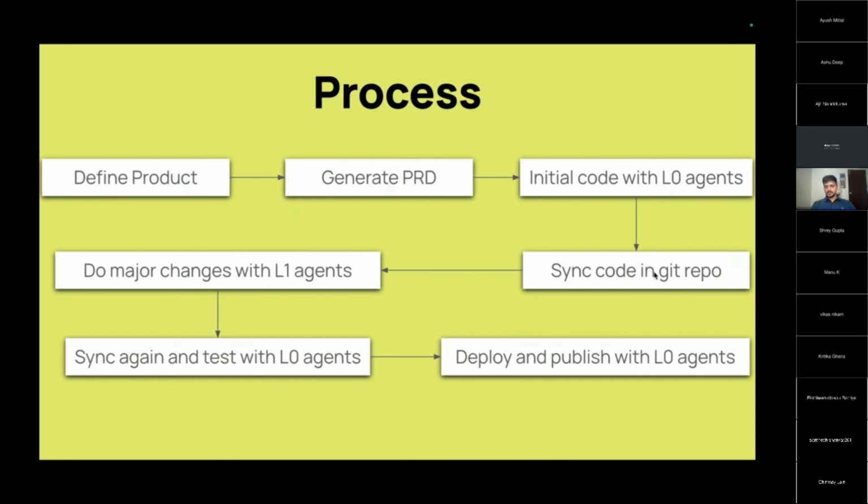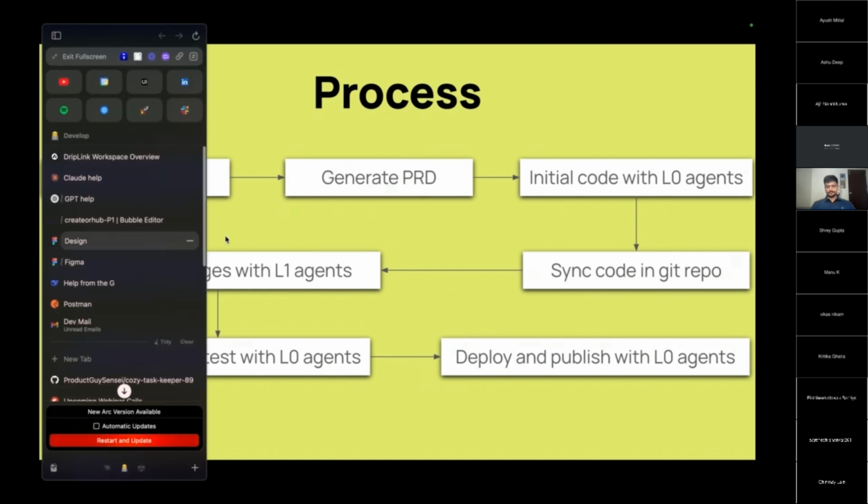Then we synced the code in a Git repo. We did one major change, the Kanban code change, on an L1 agent called Cursor. We again synced that change and tested it on Lovable. And then you can just deploy and publish with Lovable.